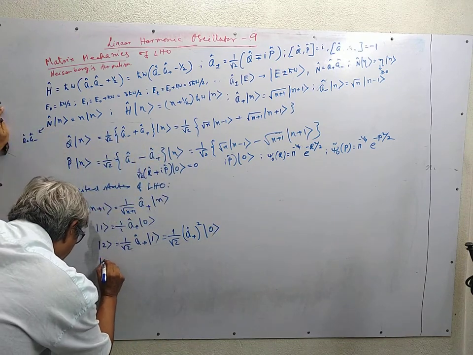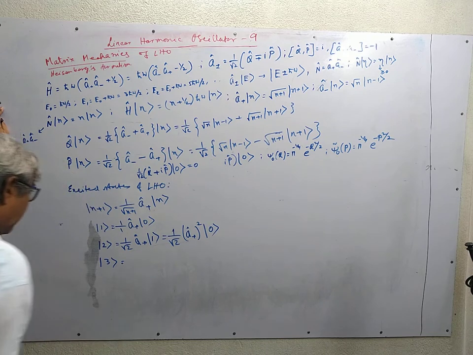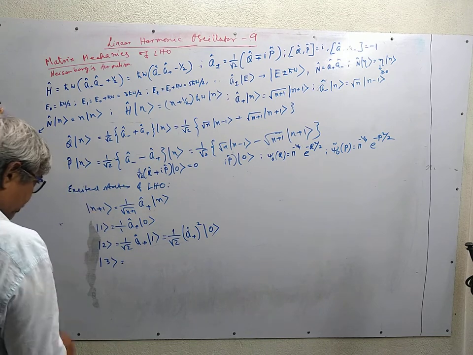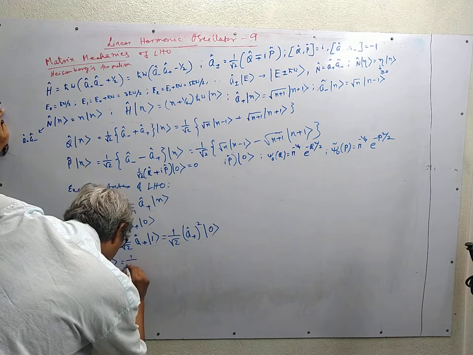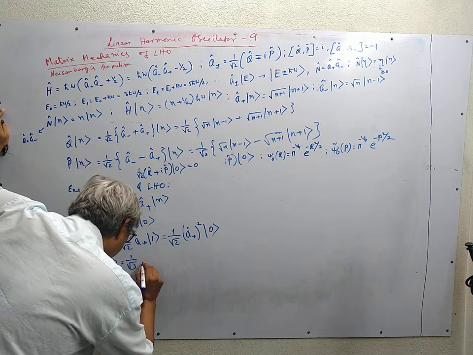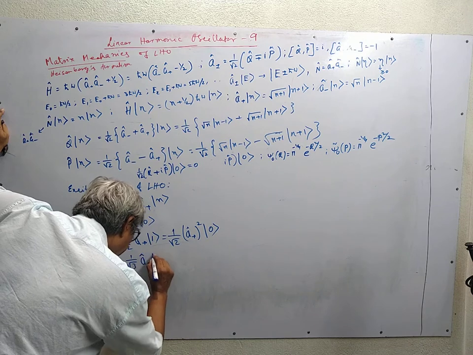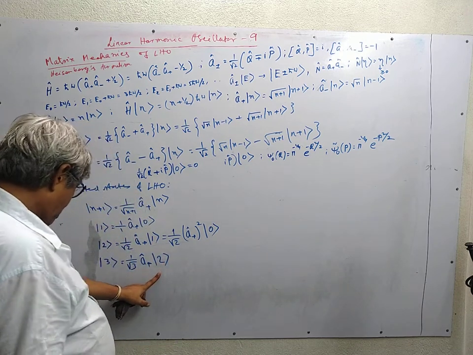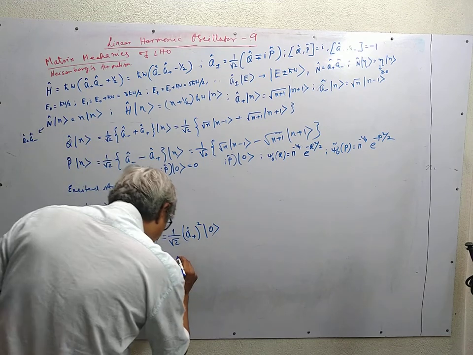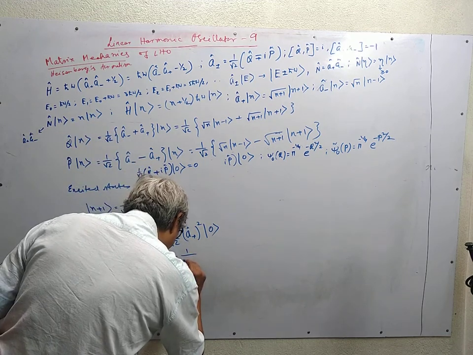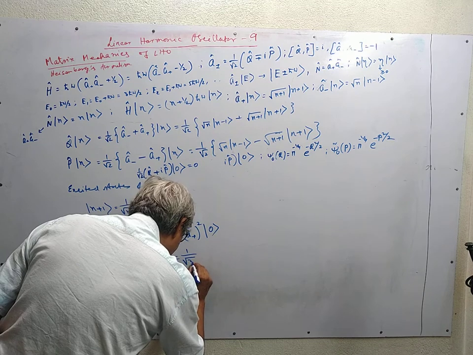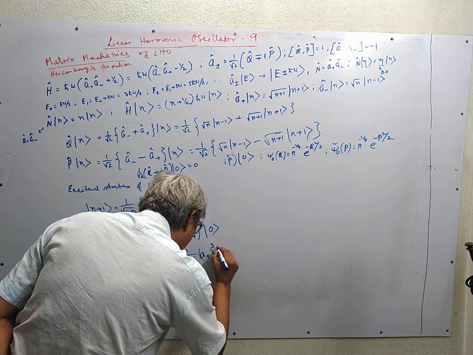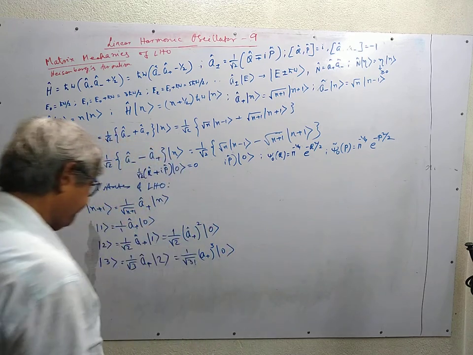And if we calculate |3>, the trend will be clear. In |3> we put n is equal to 2, so this is 1/√3 a plus operating on |2>, and when we replace |2> in terms of this factor, the denominator factor becomes very clear. This is 1/√3 factorial a plus operating thrice on the ground state.